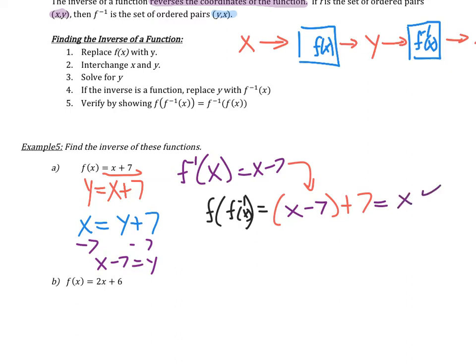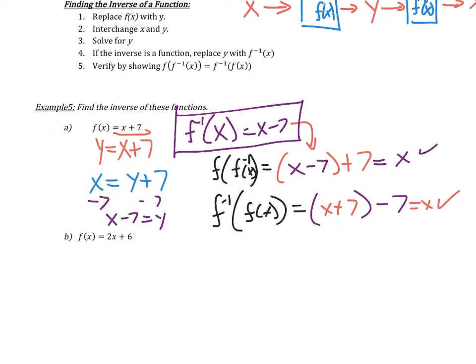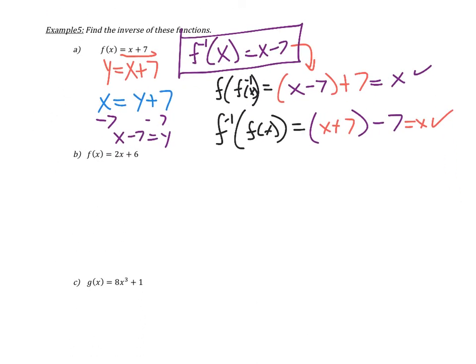And if we try it the other way, the inverse composed with f, well, the inverse we said was x minus 7. So we've got x minus 7. And if we put the original function in there, we get x. So yes, indeed, this is the inverse, which we can kind of see. Adding 7, subtracting 7, those are opposites.